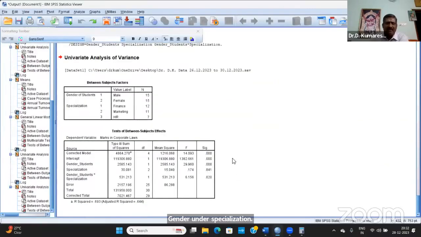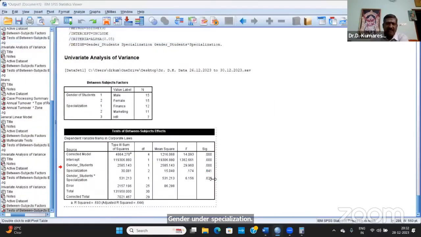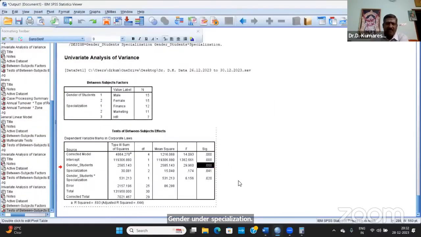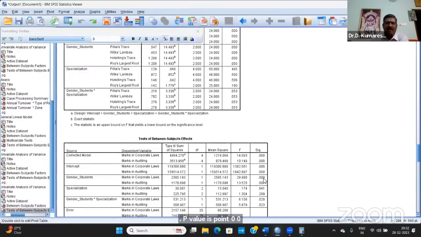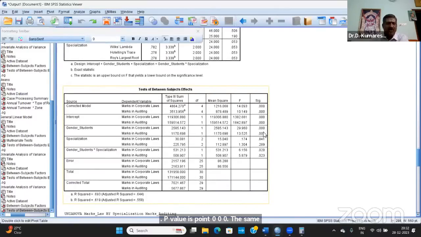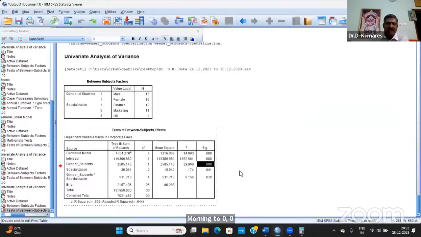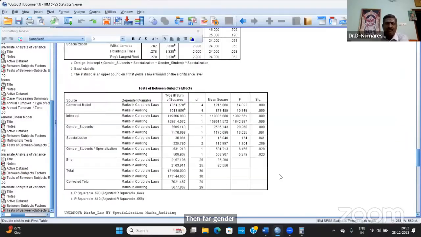Look at here. For gender, the p-value is 0.000. The same result. Then for gender cum specialization, it is 0.20.